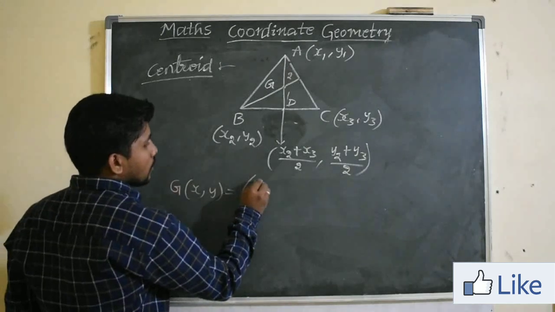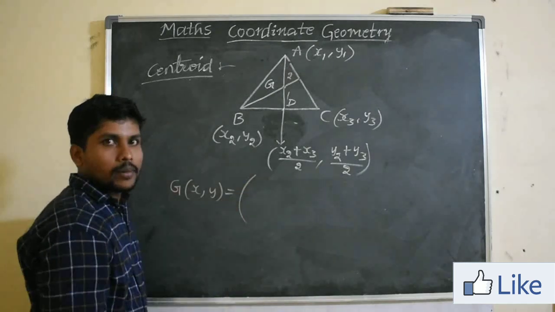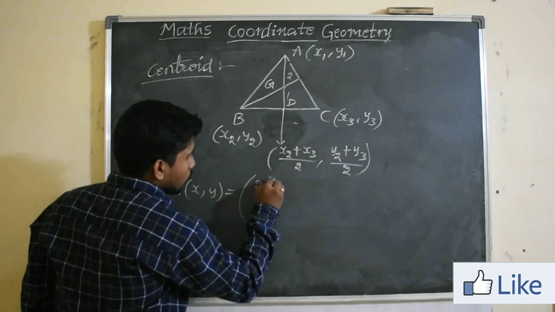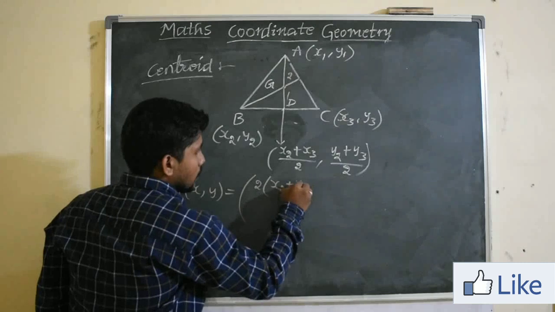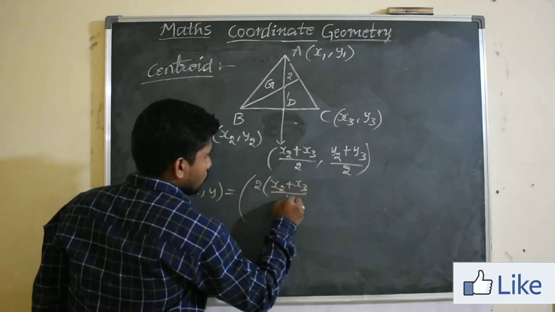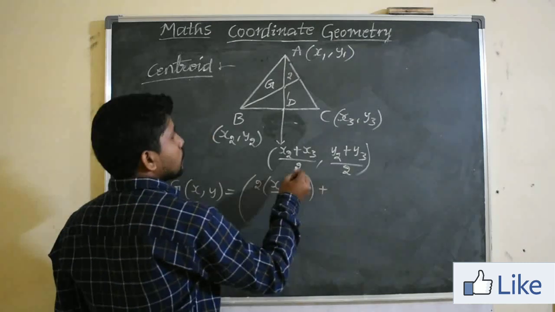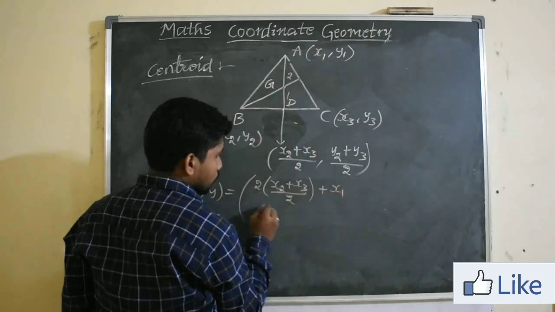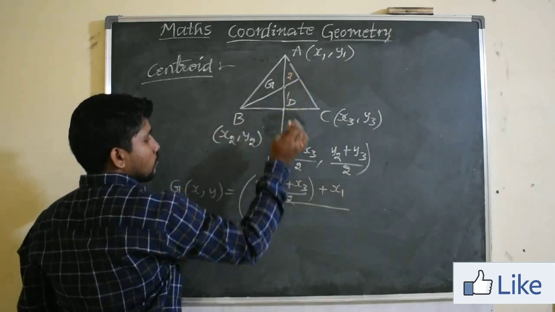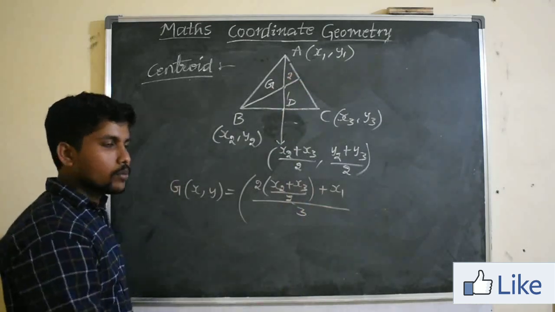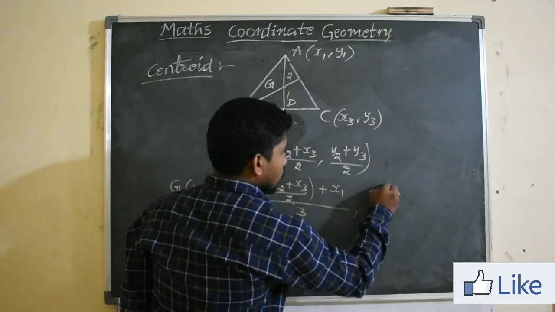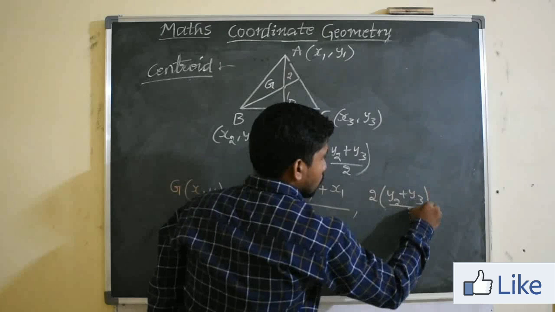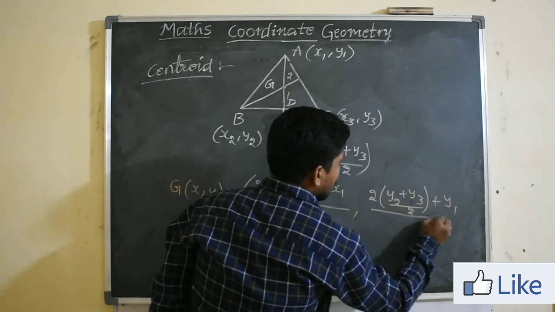Now apply the same formula, mx2 plus nx1 by m plus n. Here x2 is this, so 2 into x2 plus x3 by 2 plus the ratio is 1, n is 1, so 1 into x1 is x1, by 2 plus 1 is 3. In the same way, 2 into y2 plus y3 by 2 plus y1 by 3.